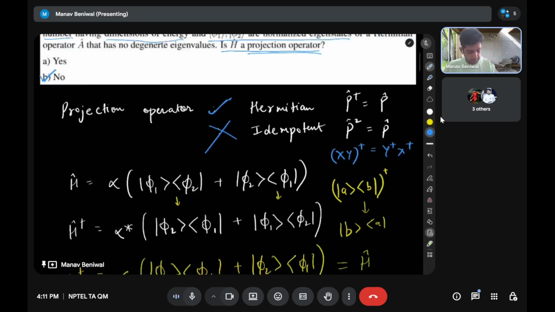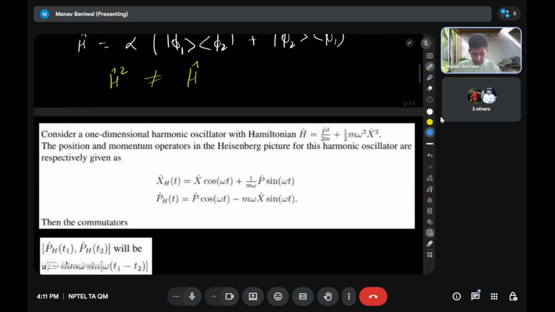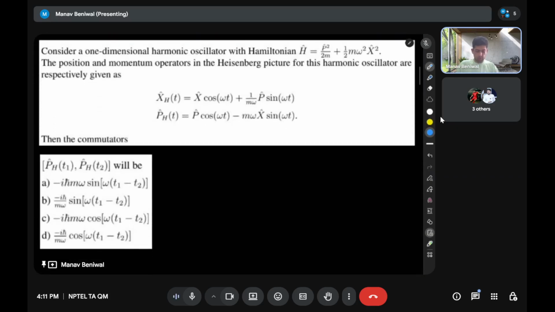Okay, then let's go to the second one. The second problem is we are given a harmonic oscillator and its Hamiltonian. We are also given the position and momentum operators in the Heisenberg picture. So our position operator looks like this and our momentum operator looks like this.